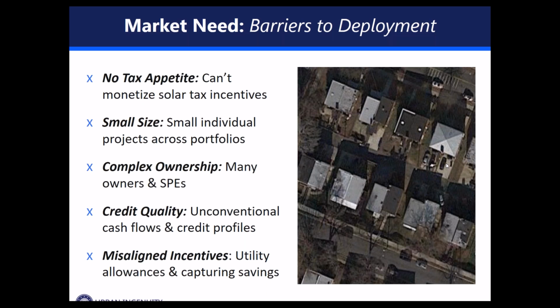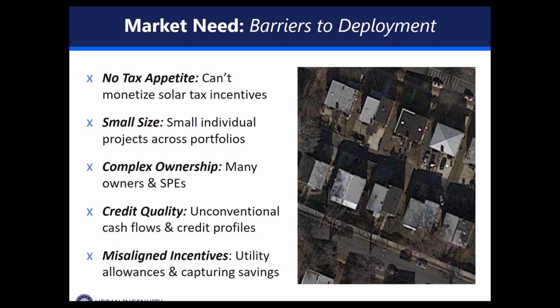Often you see the PPA providers, the power purchase agreement investors, very comfortable with doing a 5 megawatt investment for an IKEA, but maybe not so much for a nonprofit developer, a community-based organization, these sorts of things. So the cash flows, the credit quality, understanding the risk can be challenging. And then Wayne was just talking about the utility allowances, which, if it's all tenant-metered space, which is a real trend, and if you lower the utilities, all you're going to do is increase the contract rent, you can really create misaligned incentives.